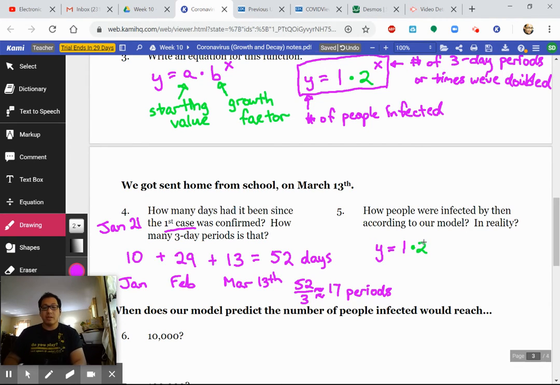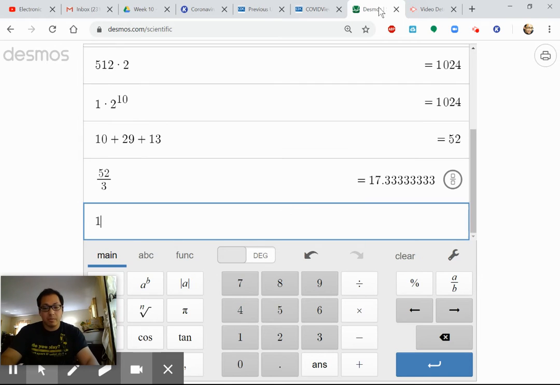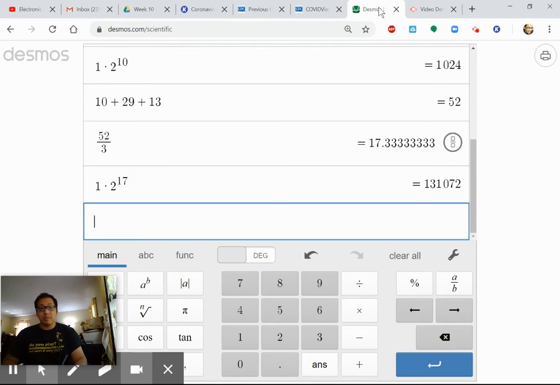How many times has it doubled? 17 times. So how many people, according to this model, were infected? Let me throw that in here. 1 times 2 to the power of 17. 131,072 people. Wow.